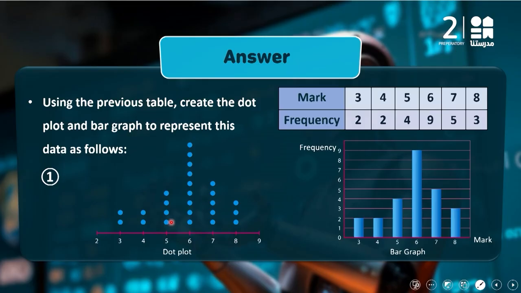And on the vertical axis, we have frequency. 3 repeated 2 times, 4 repeated 2 times, 5 repeated 4 times, 6 repeated 9 times, 7 repeated 5 times, and 8 repeated 3 times. So here we made a dot plot graph and a bar graph using this frequency table.